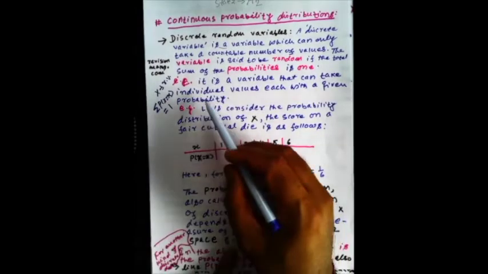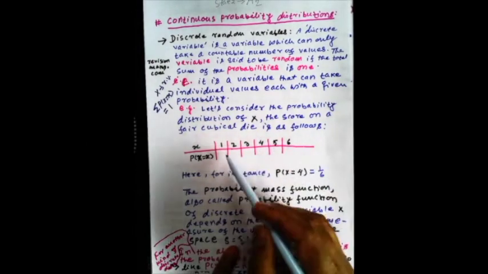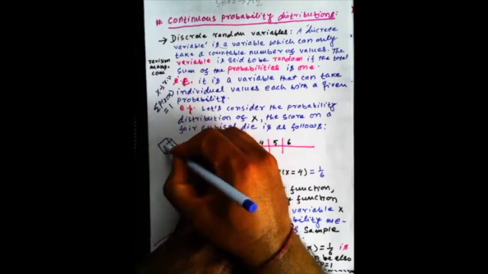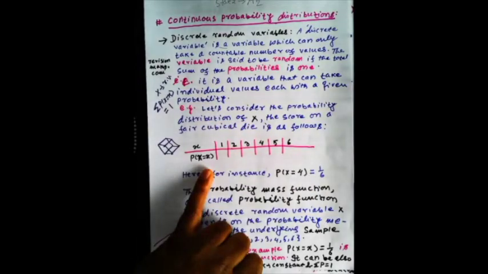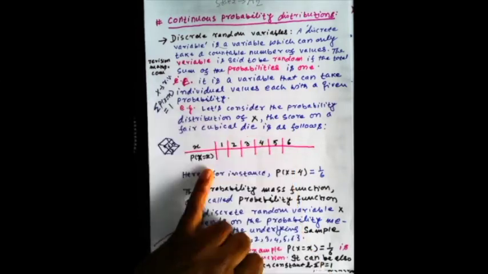Here you can see it is a variable that can take individual values, each with a given probability. So let's consider the probability distribution of X, the score on a fair cubical die. On a cubical die there are 6 faces, each marked 1, 2, 3 up to 6.